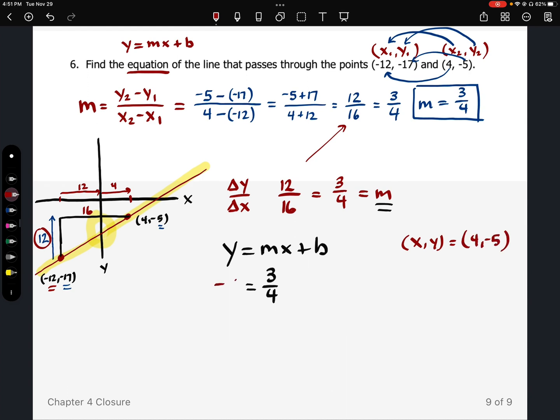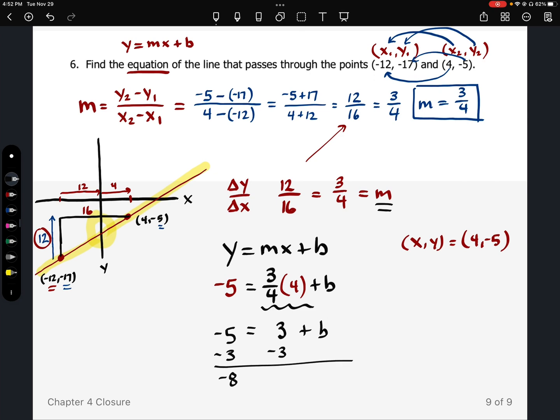So I'm going to put in -5 for y. I'm going to put in 4 for x. And now I'm going to solve it for b. 3/4 of 4 is going to be 3. And when I subtract 3 from each side, I'm going to end up with -8 is going to equal b.